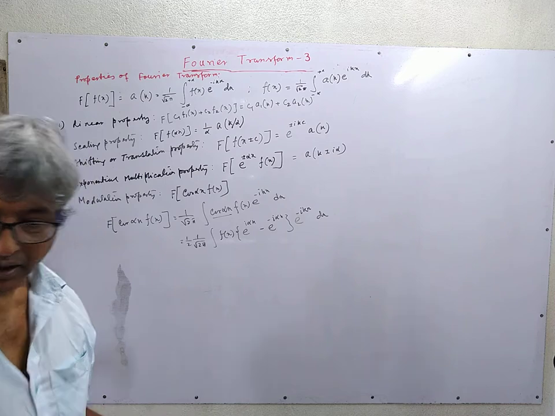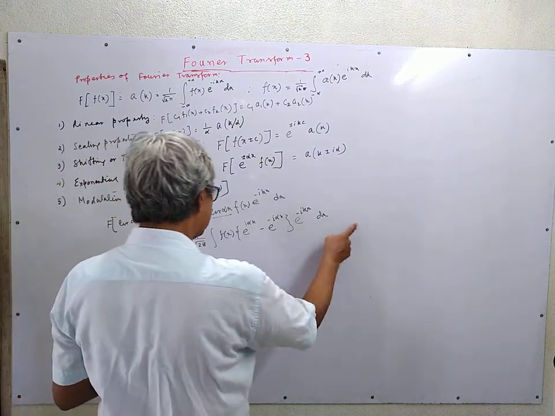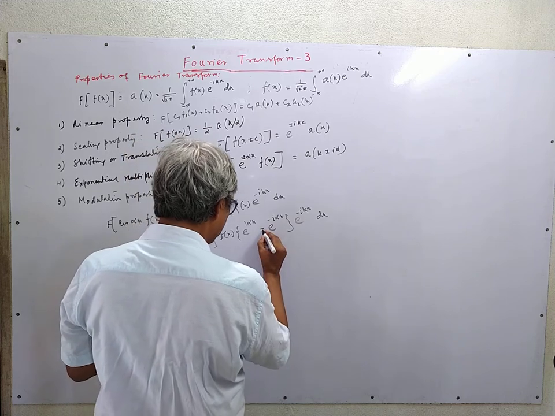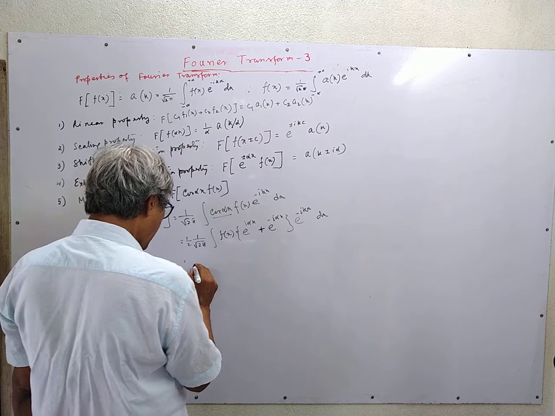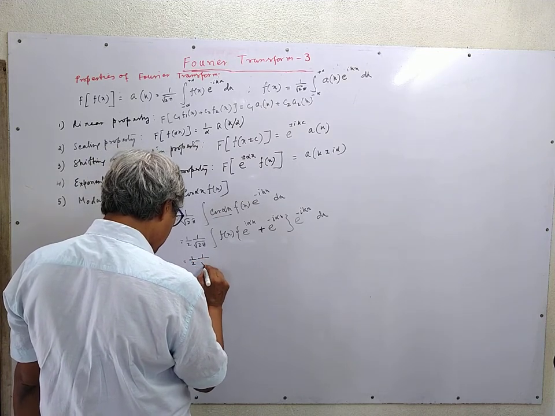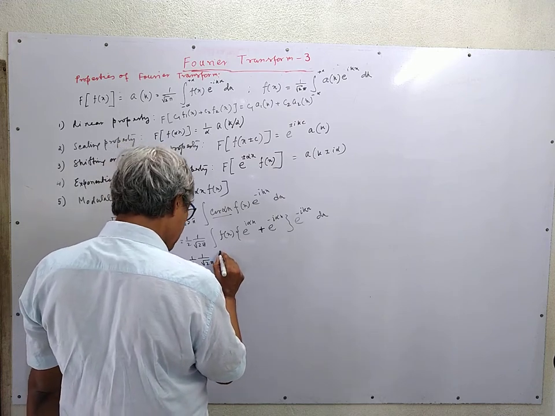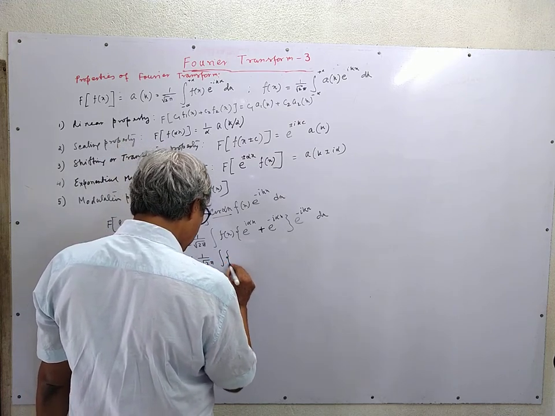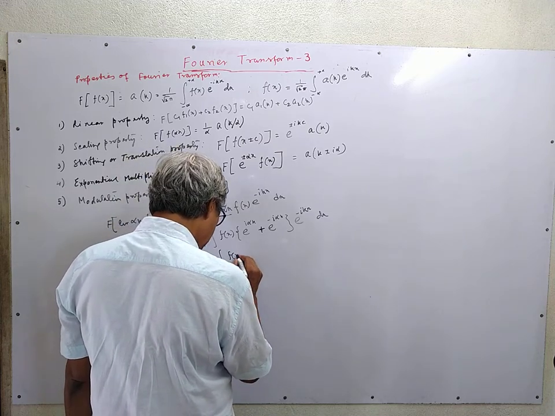Now we can couple this one with, note the change, this sign should be plus. Root 2 pi, f of x.